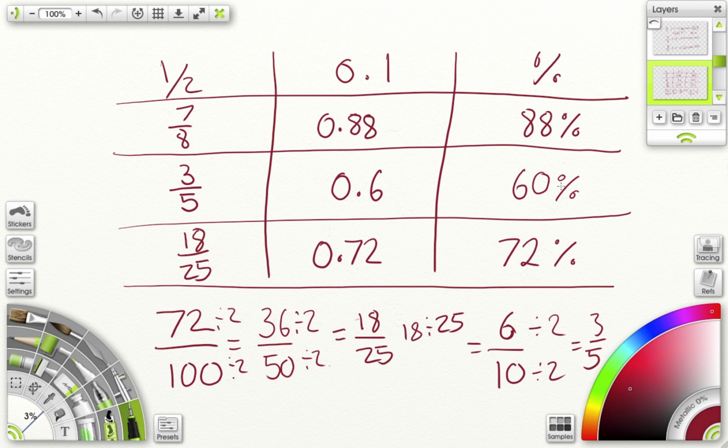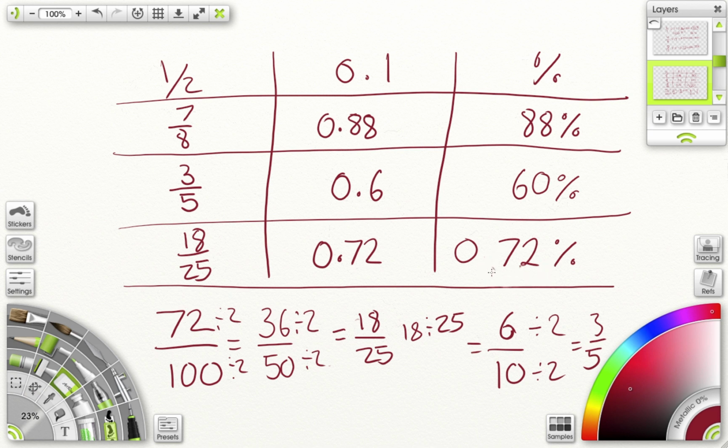Another option was, if I just needed to find out what the decimal was, there's that invisible decimal spot right here. I could have just moved 2 spots to the left and put it here and put a 0 in front. It would also create the same thing. But that being said, you'd still have to put it into a fraction, of course.